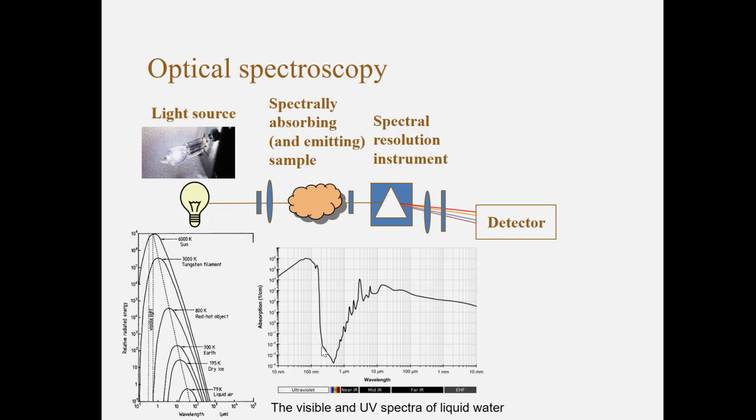Then in the visible range, the absorption drops, and we have the lowest absorption for liquid water at about 500 nanometers or so, and then the absorption goes up again.